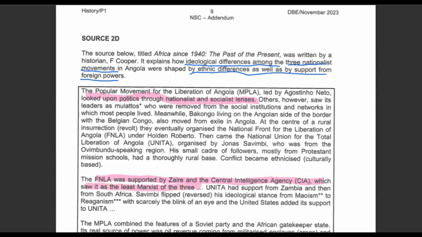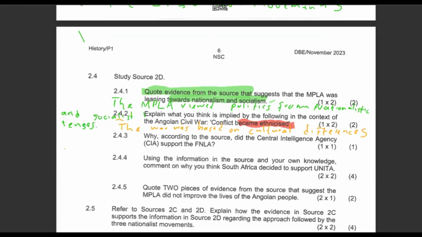I think you know that Marxism and communism go hand in hand. These are two similar, or related, ideologies. So the CIA felt that the FNLA was the least Marxist or the least communist, if you can put it that way.